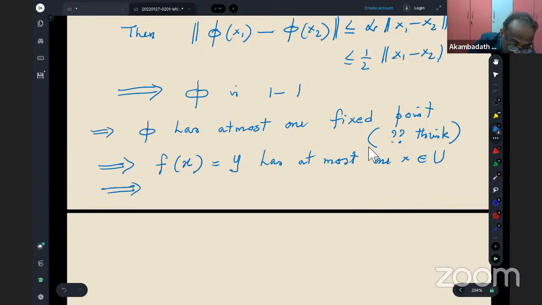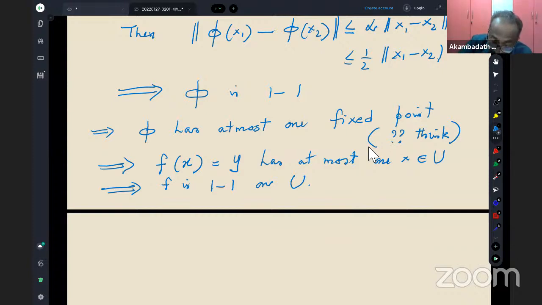That implies f is 1-1 on U. It cannot have two solutions. Since we can have at the most one fixed point, which is equivalent to f(x) equal to y, f(x) equal to y can have at the most one solution. So f is 1-1 on U.